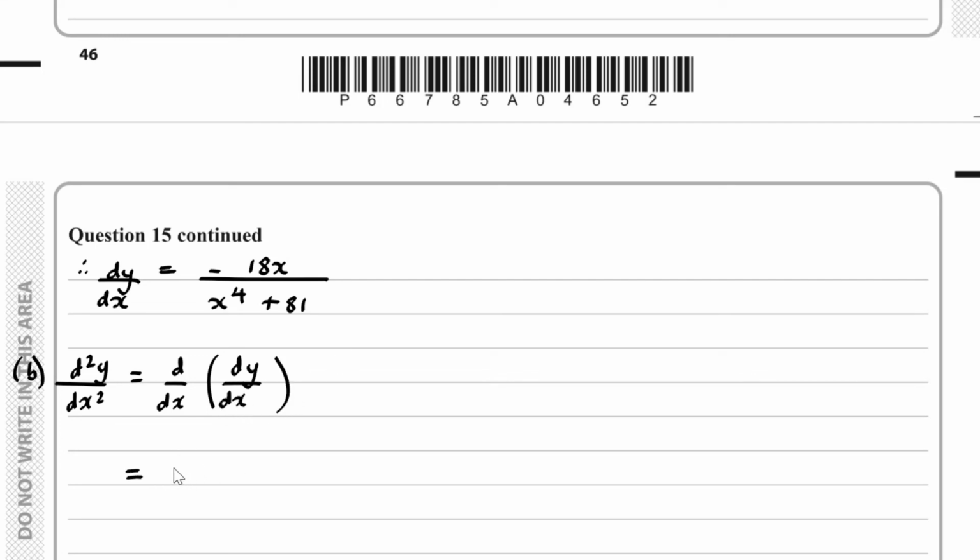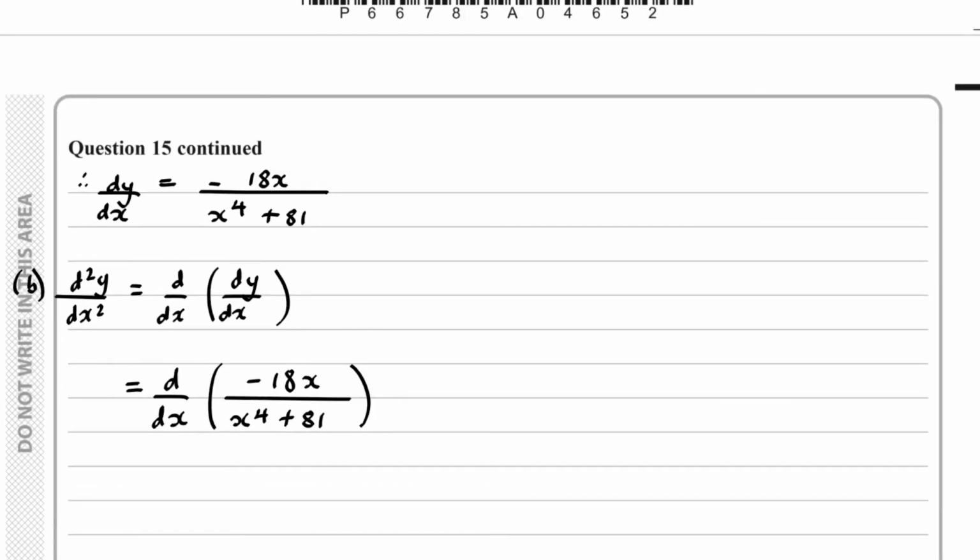So we will need to differentiate what we have over here, the minus 18x over x to the 4 plus 81. And for us to do this, we'd have to use the product rule. Sorry, we have to use the quotient rule. U is the thing at the top, V is the thing at the bottom.